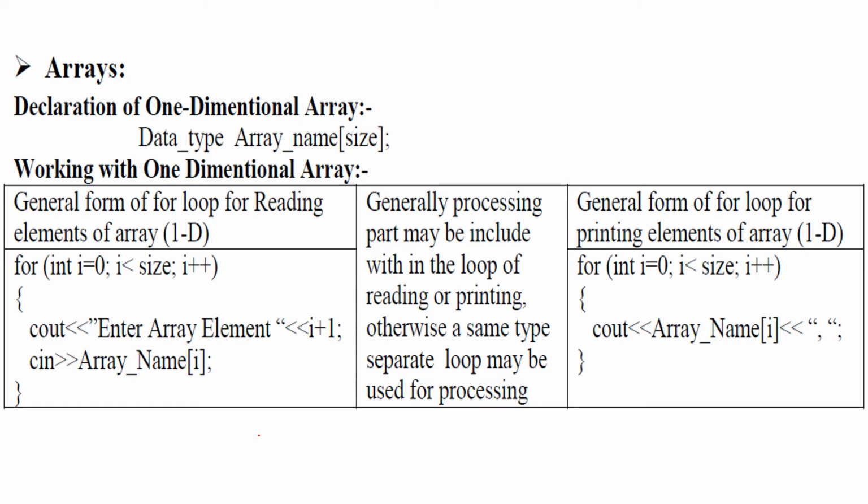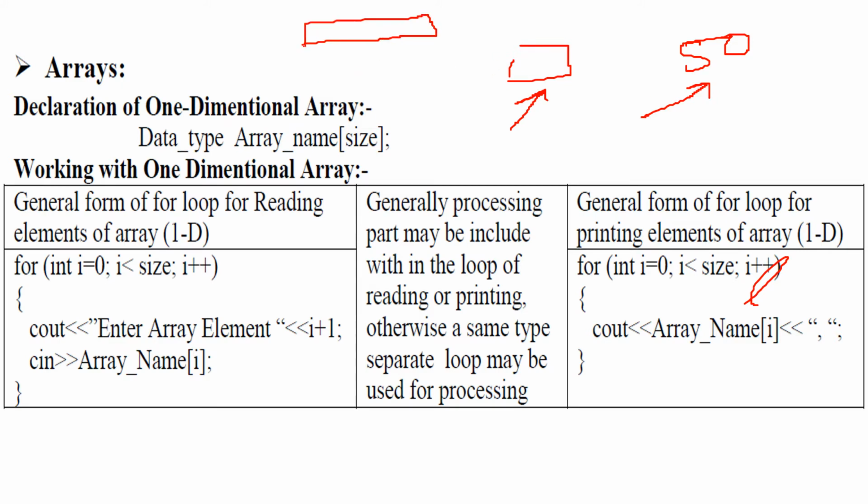Then we have arrays. So what are arrays? You could have one variable for, say, the age of students in your class, but you have 50 students. Rather than having 50 variables, why not have just one array name with 50 positions?